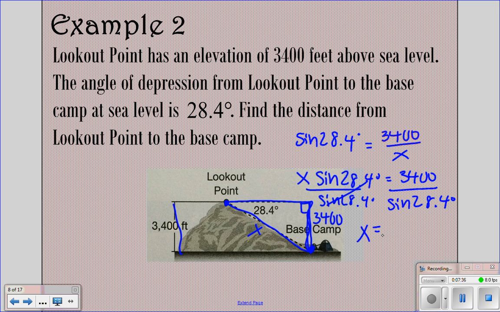And so you should get 7,148.5 feet. Okay, so hopefully you understand how to do that example.